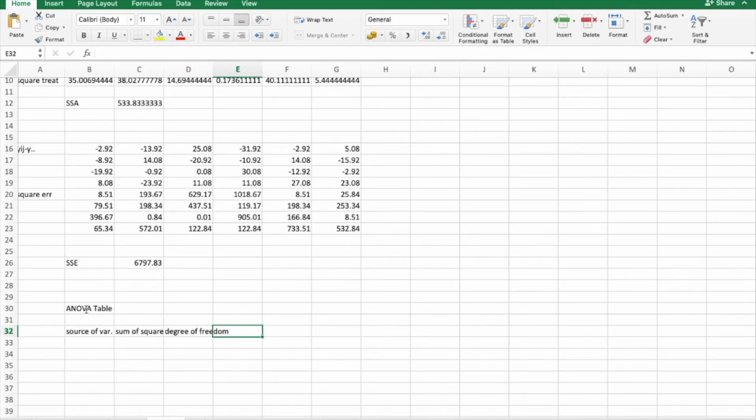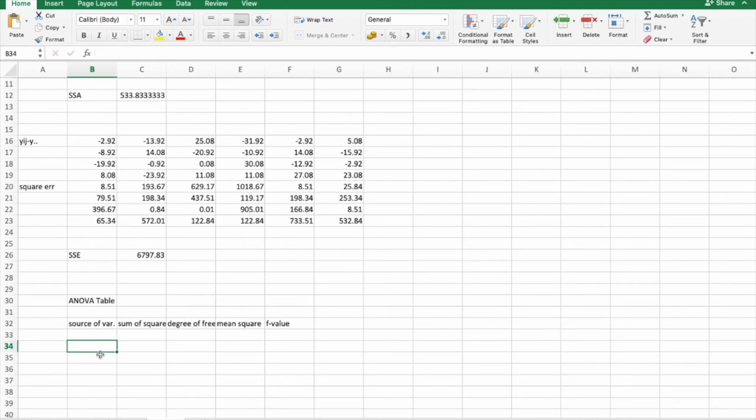Fourth is mean square. And fifth is F value. Sources of variance: sum of square of treatment, nothing but what we call machine, then error, which is sum of square of error, then total, sum of square of total.